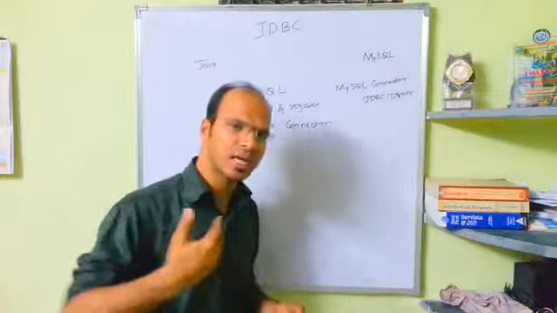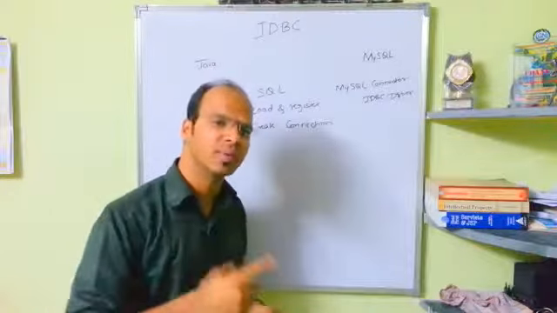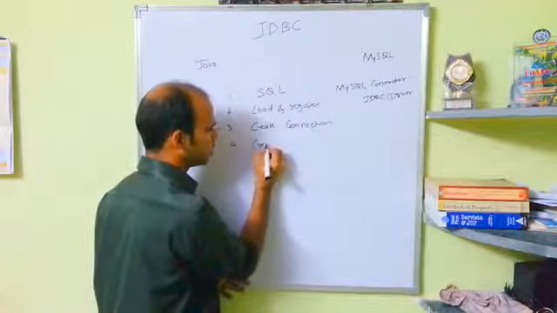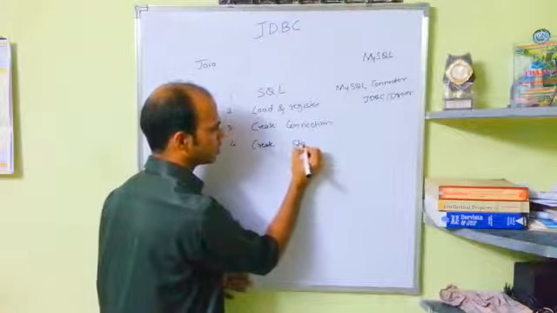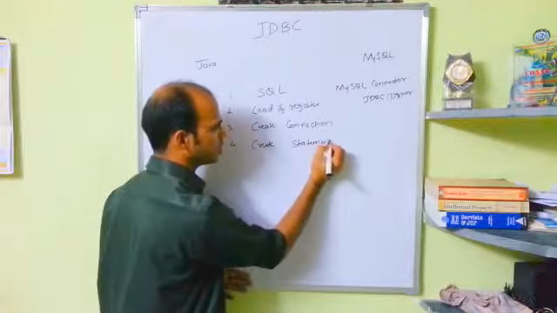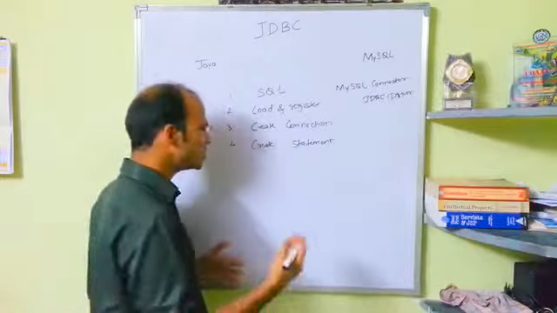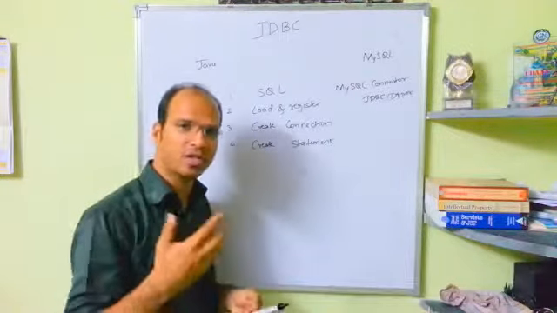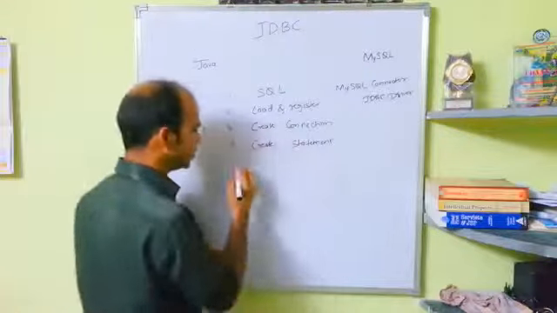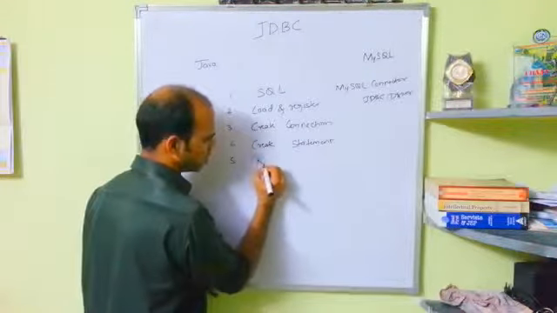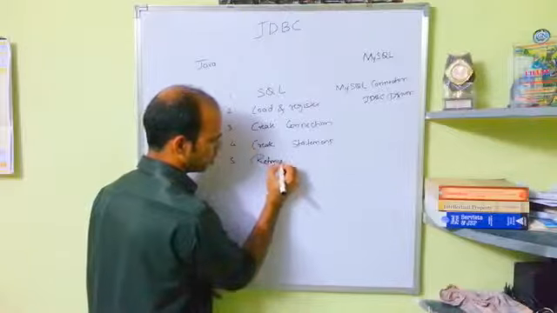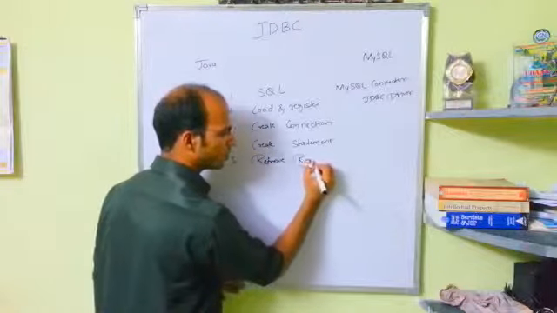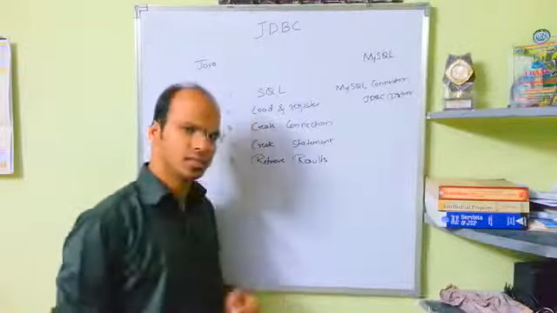If you want to ask something to the database, you have to create a statement. So it's create statement. Now next, once you get the statement, you have to execute the statement, and that will give you some results. So the next step is we have to retrieve results.